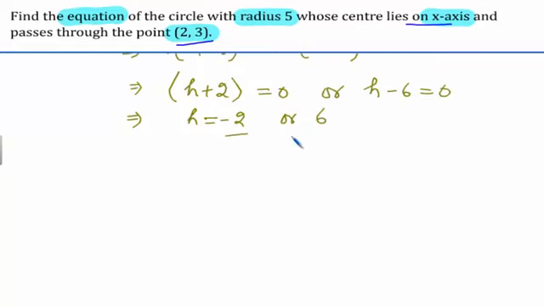So here we have two values of h. Therefore, we can get two equations of the circle.